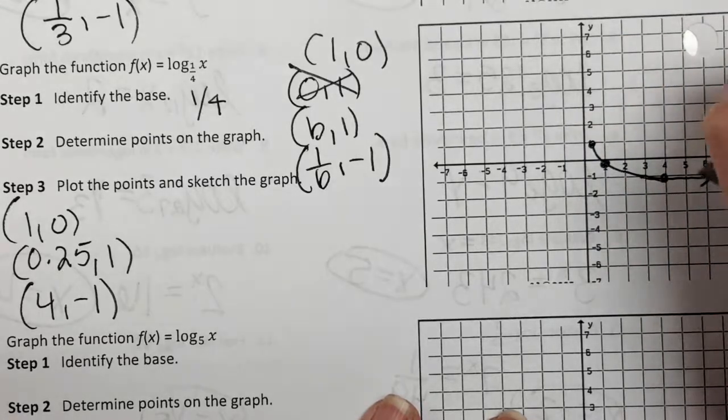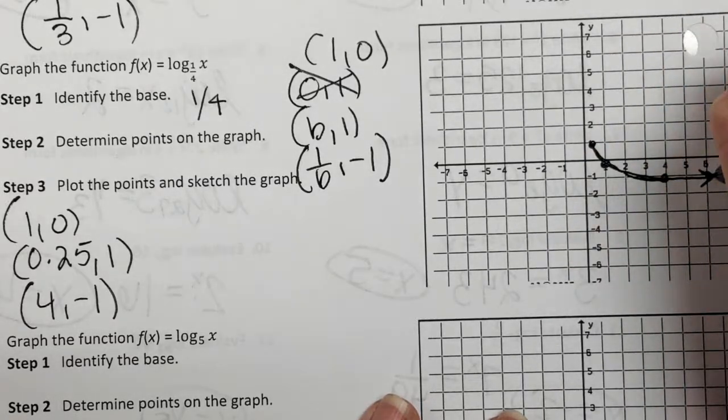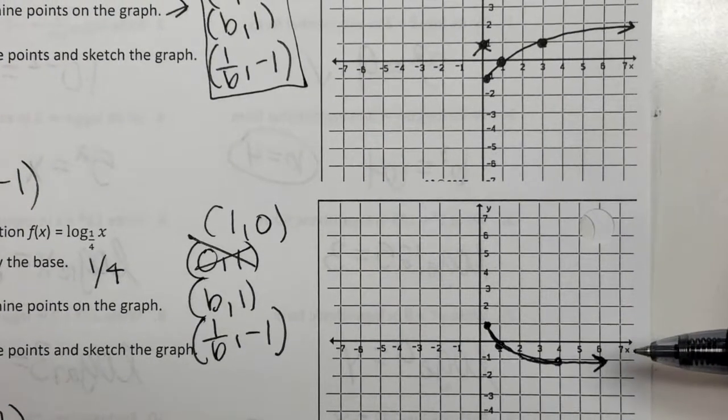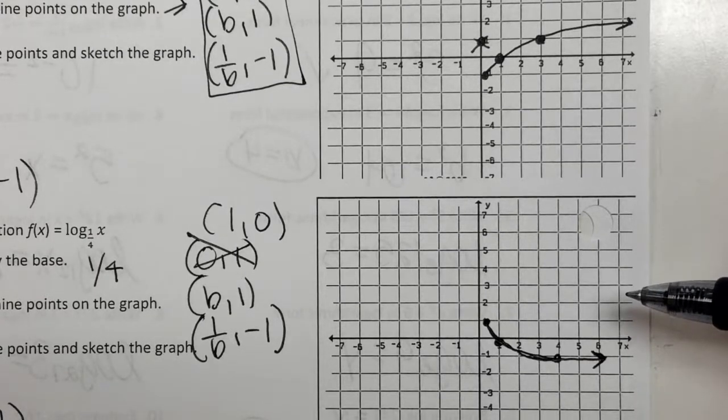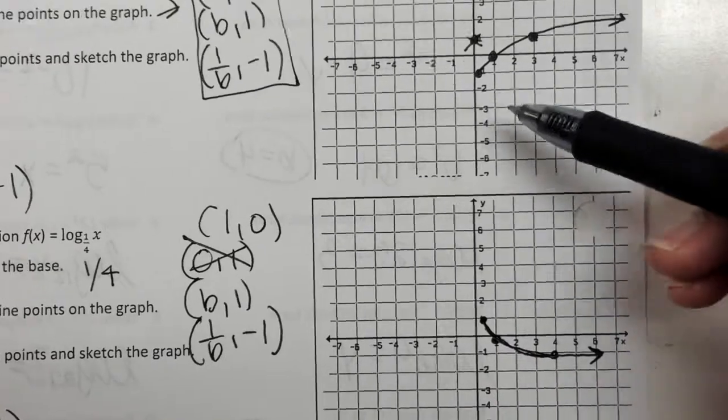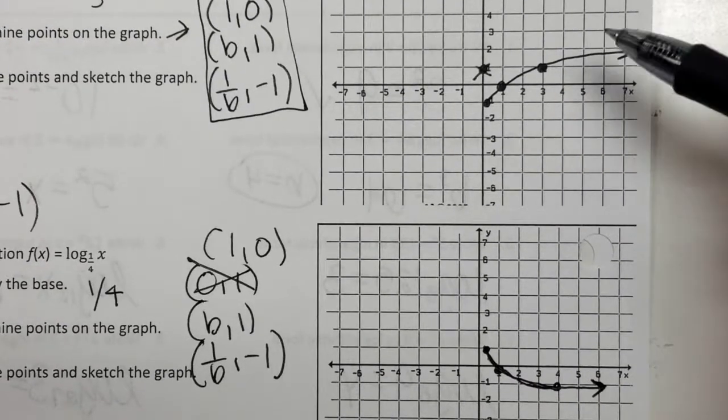There we go. And the only difference between this one and this one is it's kind of flipped upside down, and y'all know what determines that. It's if the base is a what? A fraction or a whole number. So if it's a fraction, it's going to be decreasing. If it's a whole number, it's going to be increasing.